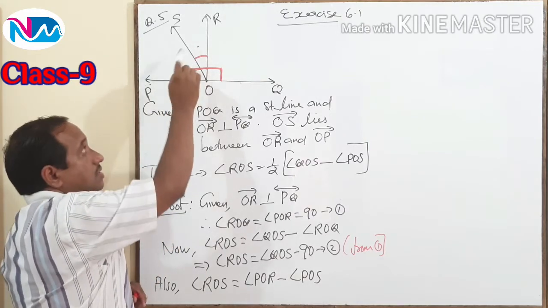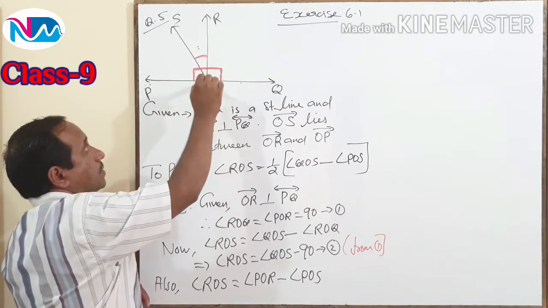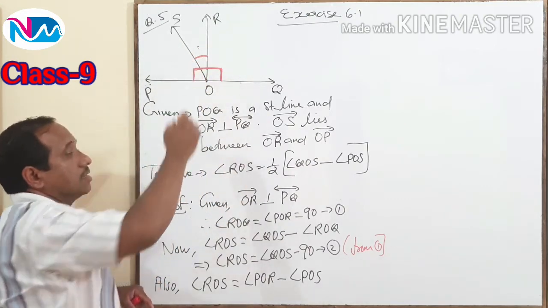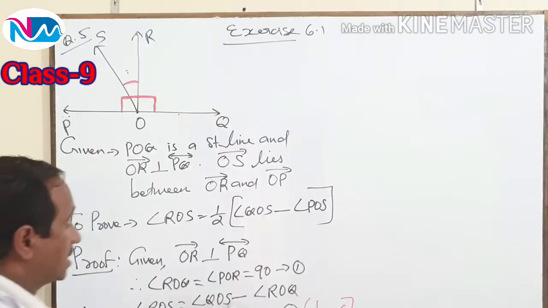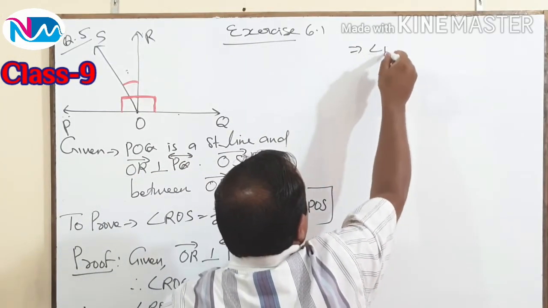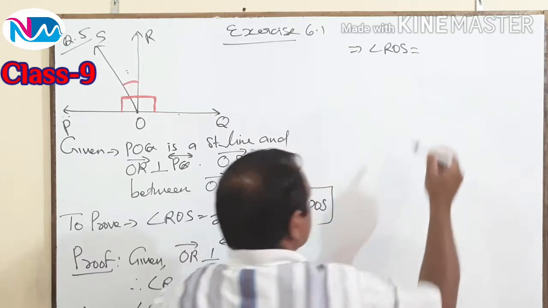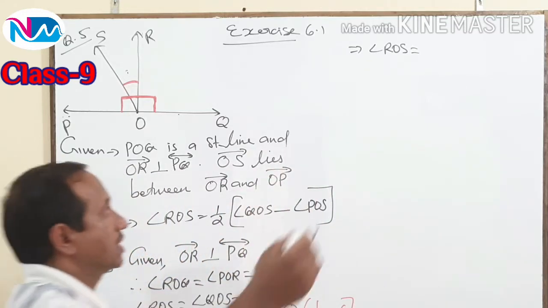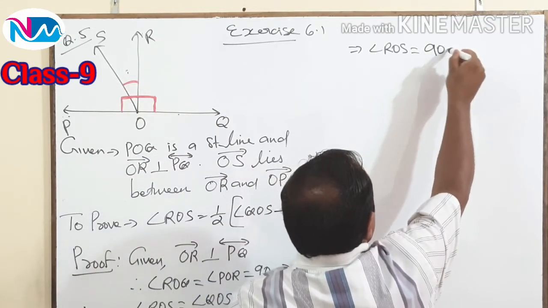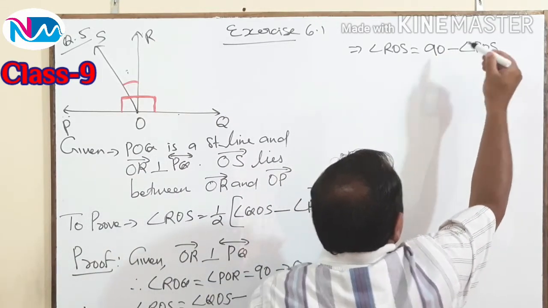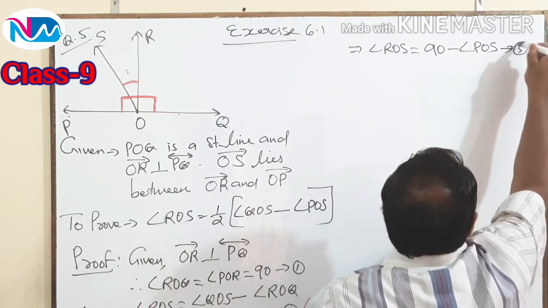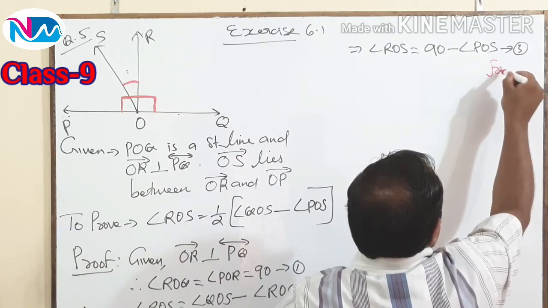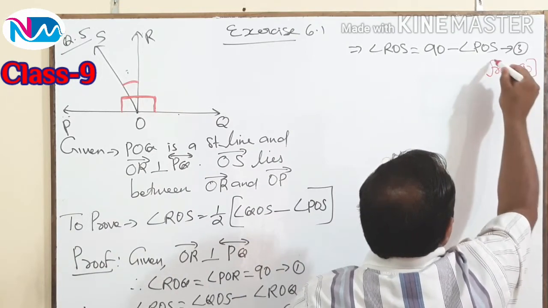Angle ROS is equal to angle POR, which is 90 degrees, minus angle POS. From equation 1 we have angle POR is equal to 90 degrees, so angle ROS is equal to 90 minus angle POS, let it be equation number 3.